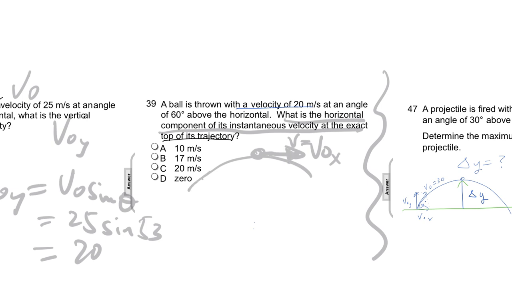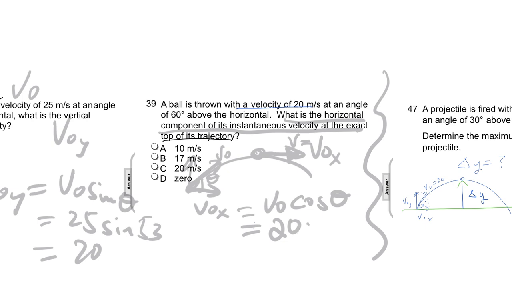It's the same as the x component at the beginning. So it'd be VO times cosine of theta. So 20 times cosine of 60 is 10.